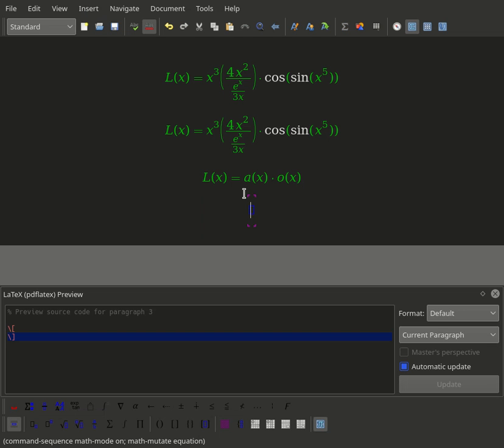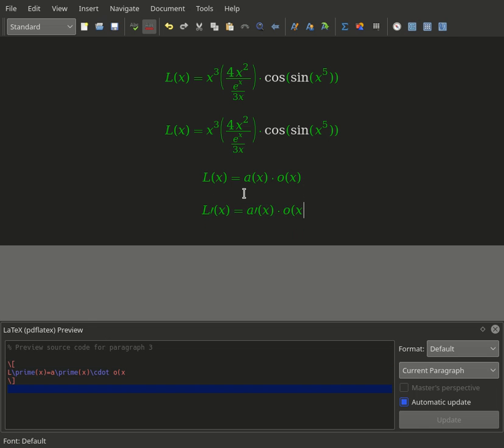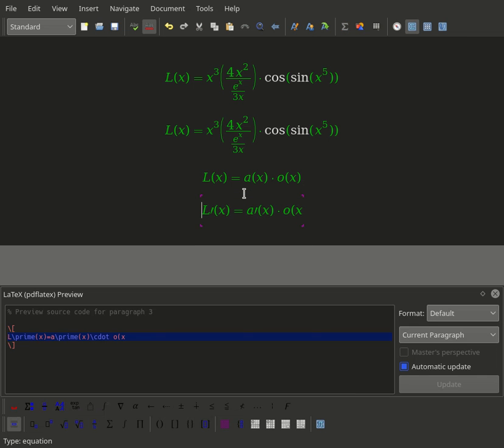Just throw another one. L prime of x via the product rule is A prime of x times O of x plus A of x times O prime of x, just like that.